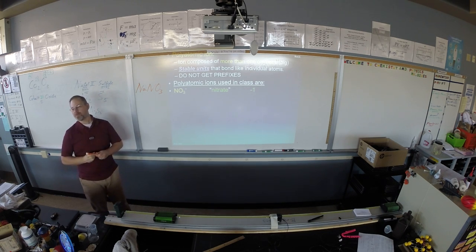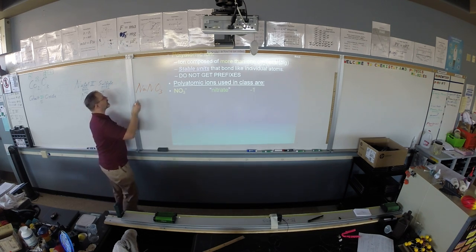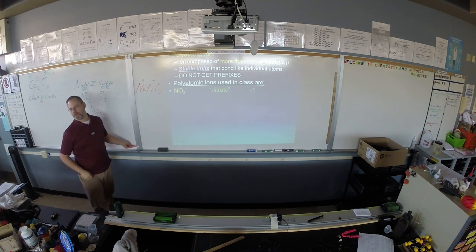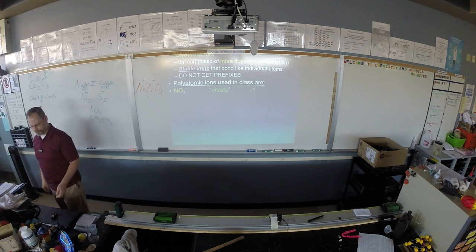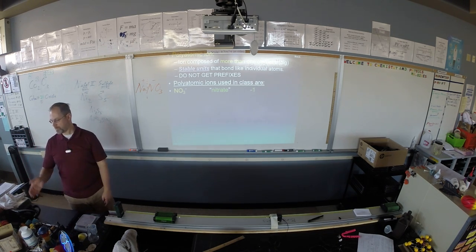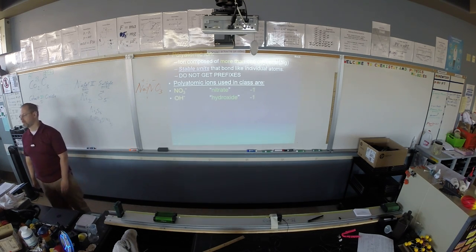Now, if you try to read this as sodium nitrogen oxide, you've said 3 things. And you're wrong, okay? Everything we're going to do is binary. Sodium nitrate. Sodium's positive, nitrate's negative. It's binary, one positive thing, one negative thing. So I use potassium nitrate to make like little sugar rockets. Correct. Yep. Potassium nitrate.